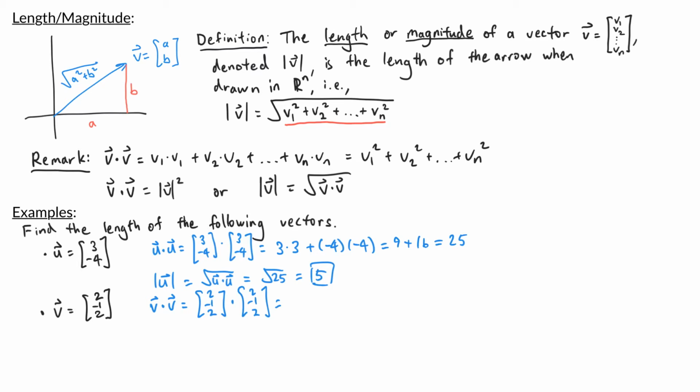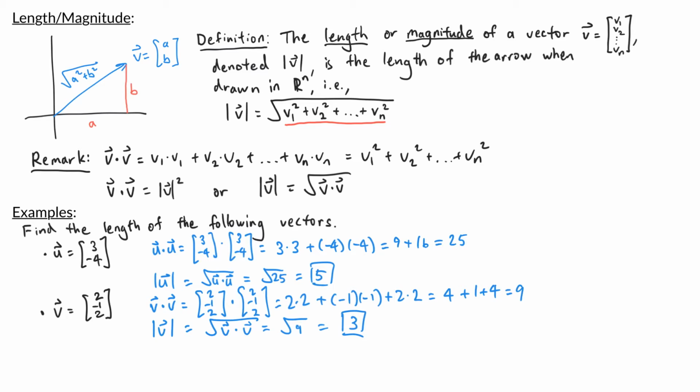So that's the product of their first entries, that's 2 times 2, plus the product of the second entries, that's negative 1 times negative 1, plus the product of the last entries, which is again 2 times 2. So that's 4 plus 1 plus 4, or 9. So the length of v is the square root of v dot v, which is the square root of 9, which is 3. Let's look at one last example.